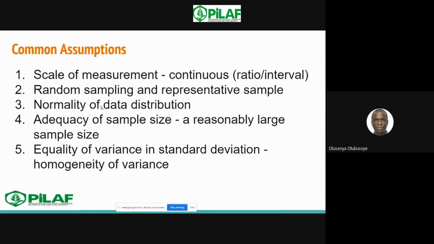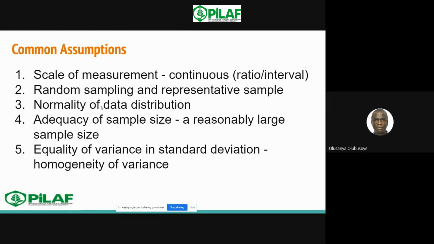So you cannot use the t-test when you are dealing with categorical variables like gender, class of degree, and things like that. They are not on a continuous scale. Variables like age, any variable that is measured, is on a continuous scale. So they are usually either the ratio scale or the interval scale. That is very important that you should know.